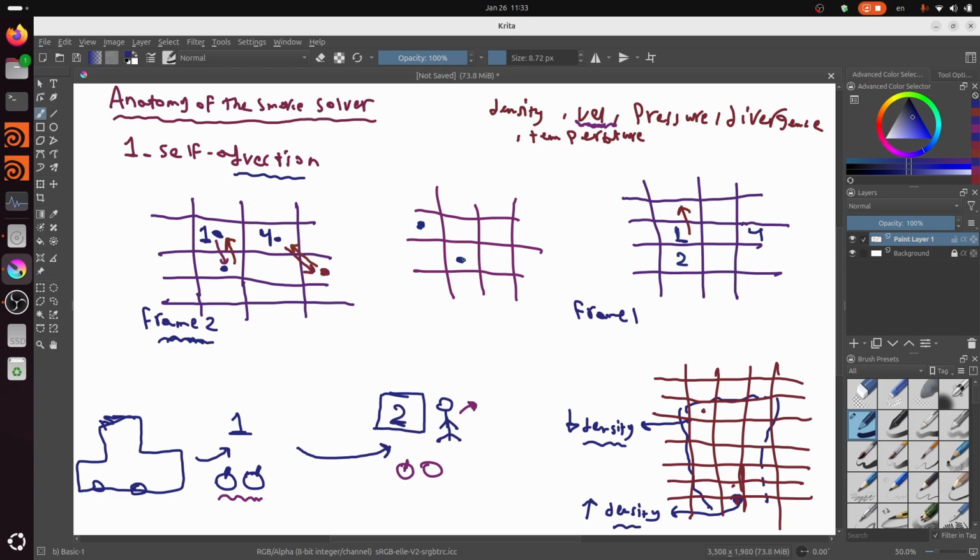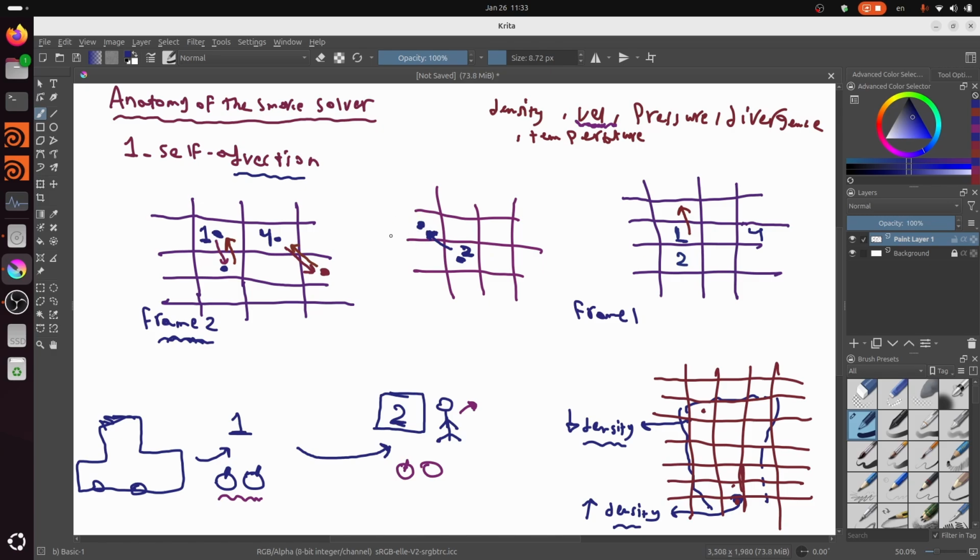It was at this voxel. The value was 2 in this voxel in the previous frame, but it should move here to this voxel. And this is the expectation.